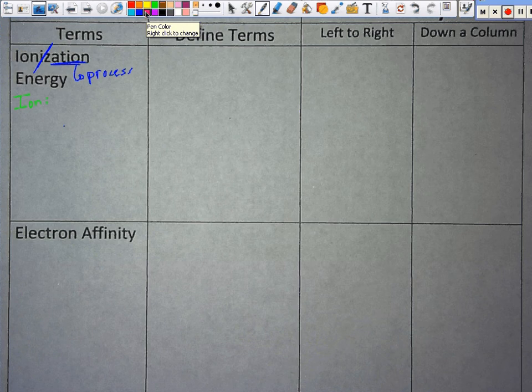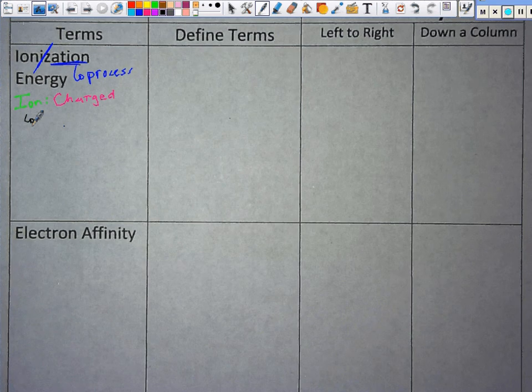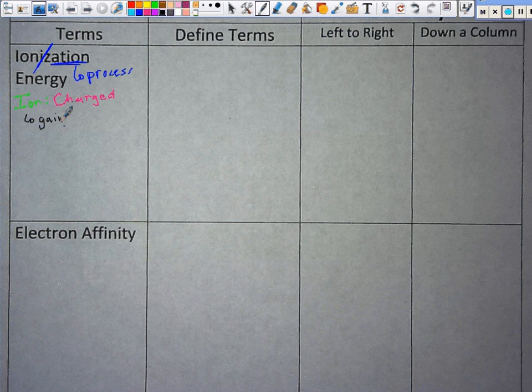Okay, very good. That's exactly right. It's charged. Now let's talk about specifically how it becomes charged. You gain or lose electrons. Now there are two types. What are the two types? Very good.